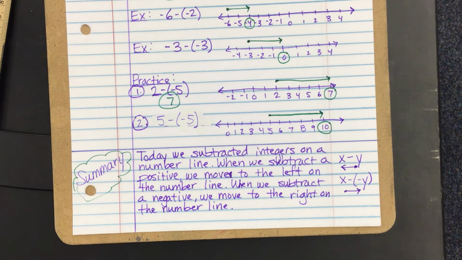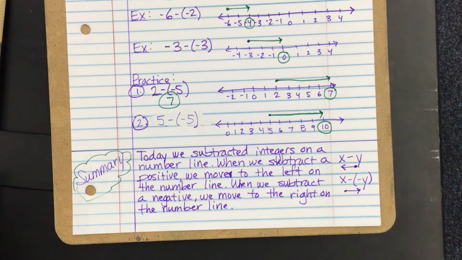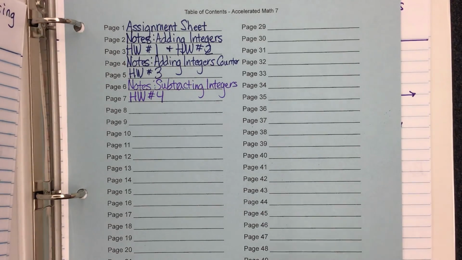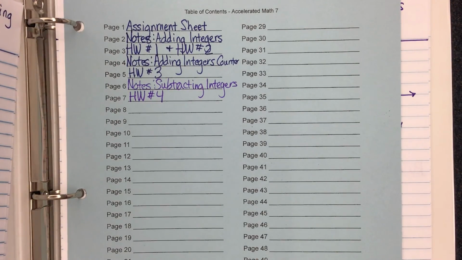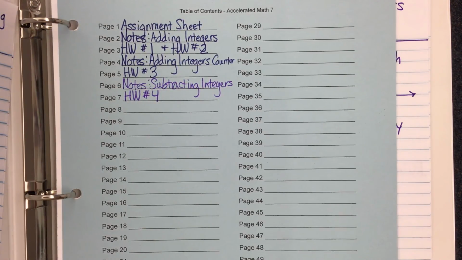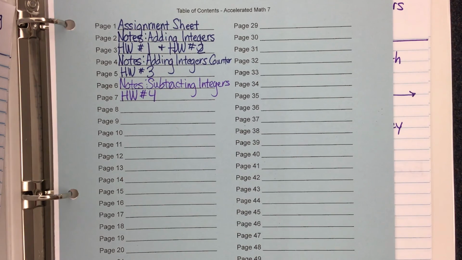So page 6 is going to be these notes. Page 7 will be your homework. So this is what it looks like. Remember, you're doing your homework on paper, and then you'll use that answer checker just to make sure that all of your solutions are correct.